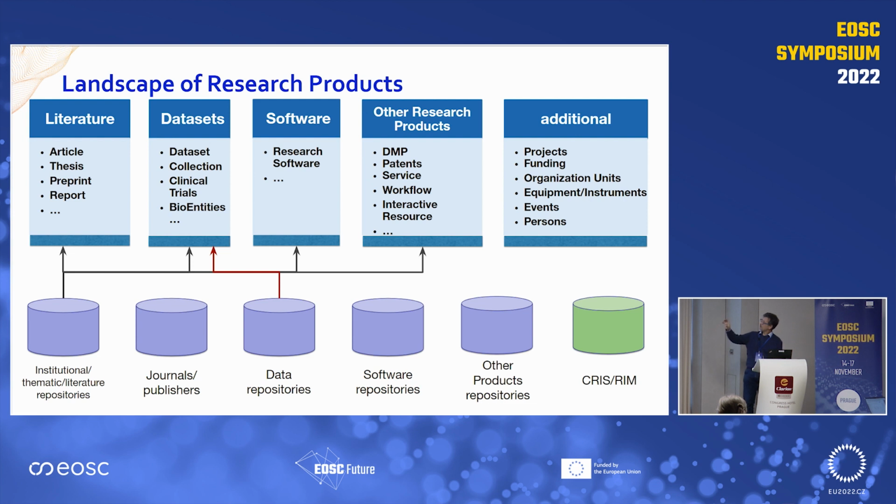Data repositories have data sets, of course, and other research product repositories have mostly data sets and patents, workflows, interactive data management plans, and so on. And last but not least, the CRIS systems have all kinds of these resource types in their system and could provide information on these.